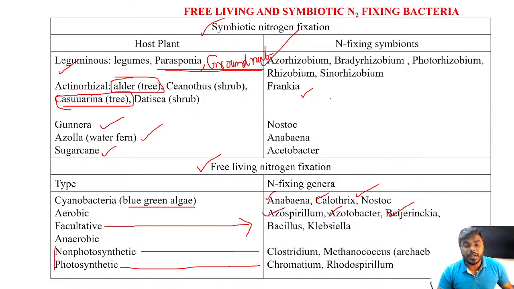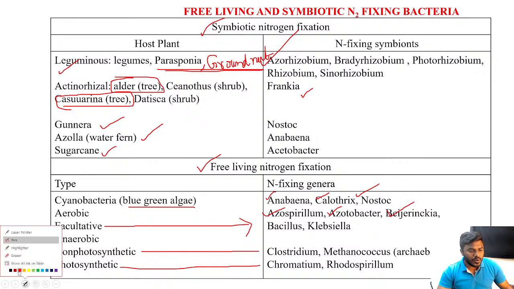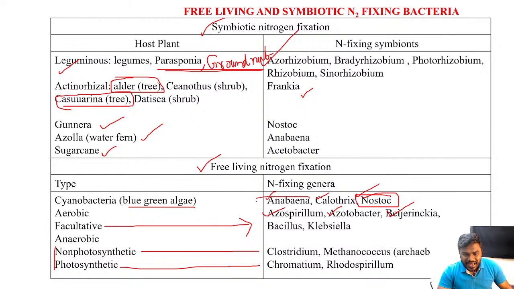Friends, let me tell you one interesting point here. What is that interesting point? If you look into this very clearly, friends, Nostoc, Anabaena, this Acetobacter, these three are the bacteria which can fix the nitrogen symbiotically also, and which can fix the nitrogen as free living also.